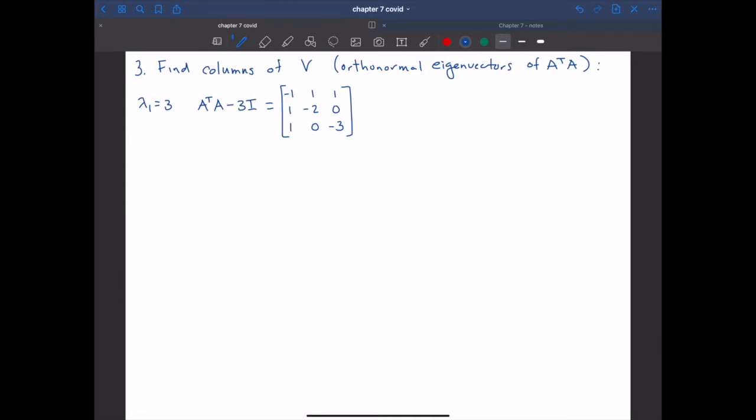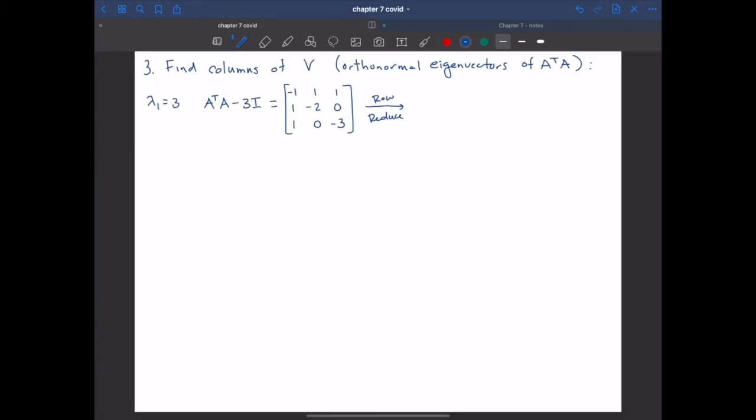So we subtract 3 off the diagonal there. We get this matrix. When we row reduce, what do we get? Well, row reducing this in my head, just eyeballing this, we get 1, 0, negative 2, 0, 1, negative 1, and 0, 0, 0. Okay, and so my first row tells me that x is equal to 2z.